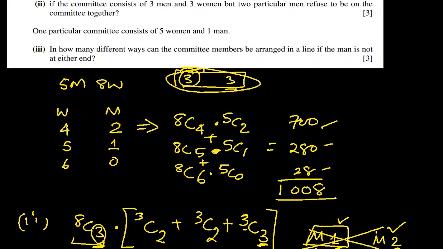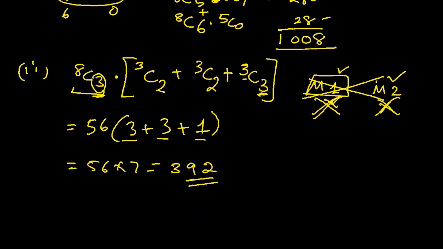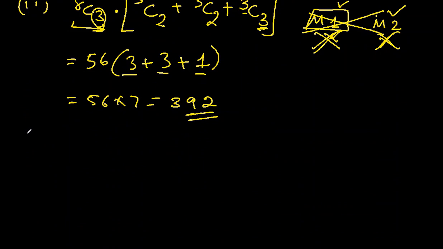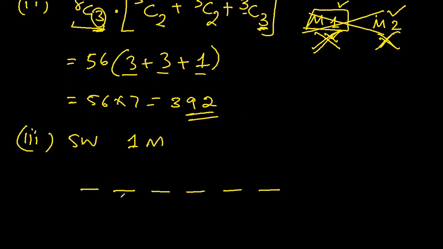One particular committee consists of 5 women and 1 man. In how many different ways can the committee members be arranged in a line if the man is not at either end? All right, so there are 6 people, 5 of them women and 1 man, and if they stand in a line, the man is not at the ends, so he can stand in one of these 4 places.